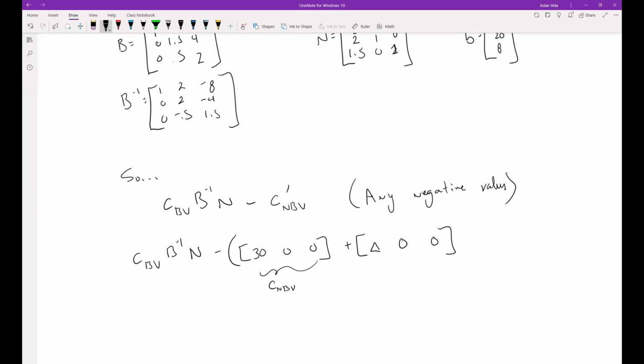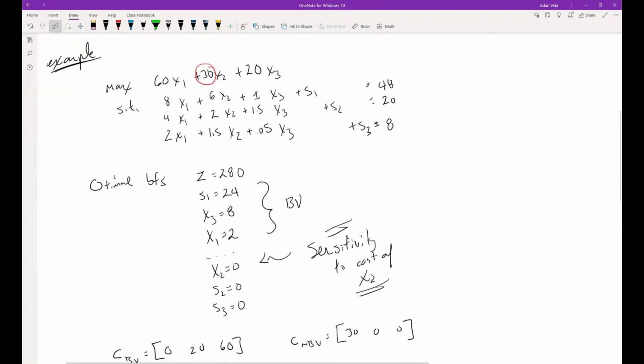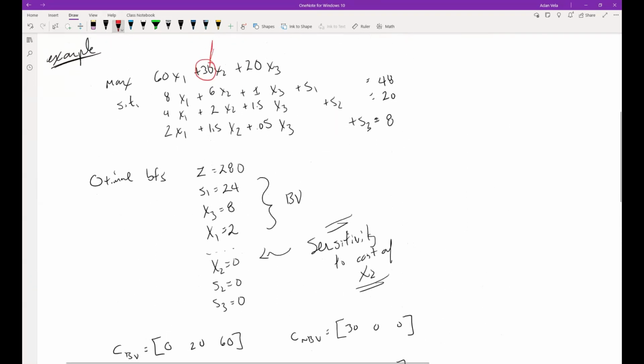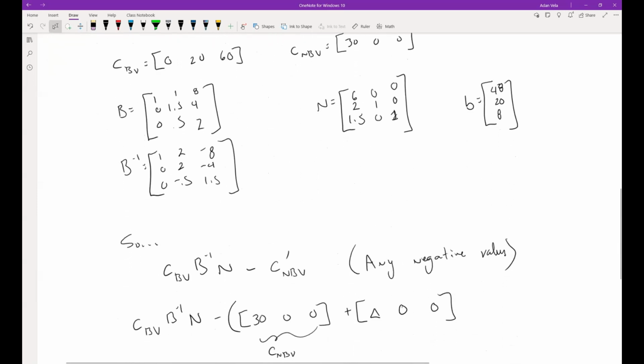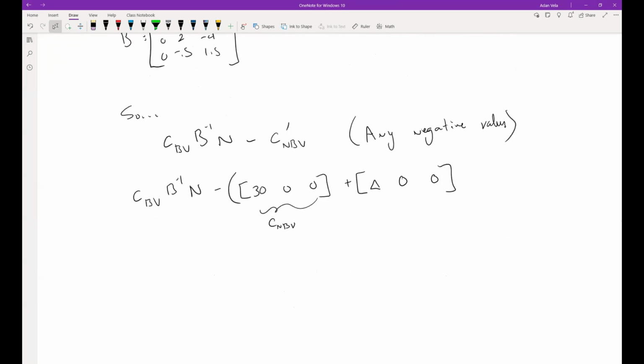This is like the idea that we're going to find a way to sell them for more money. So the question is, how does this delta need to change? How much more do we need to increase this 30 value to make it worthwhile for X2 to be non-zero?